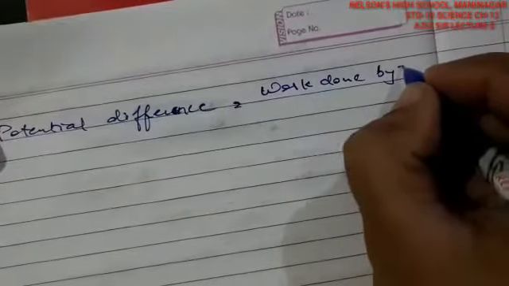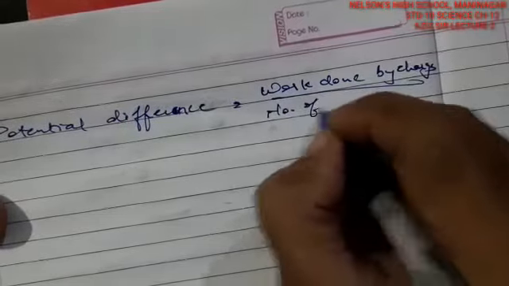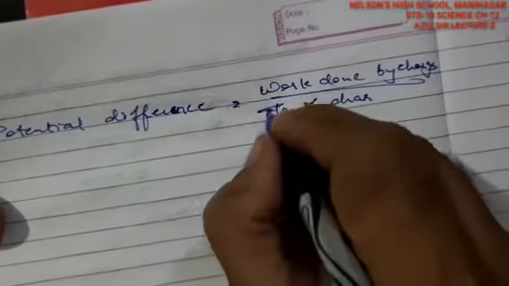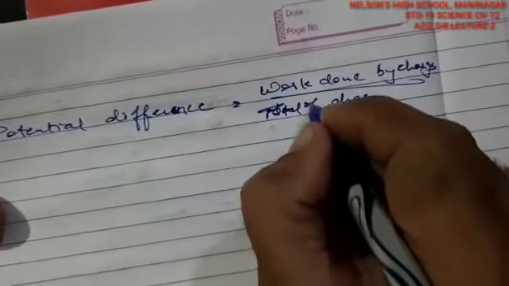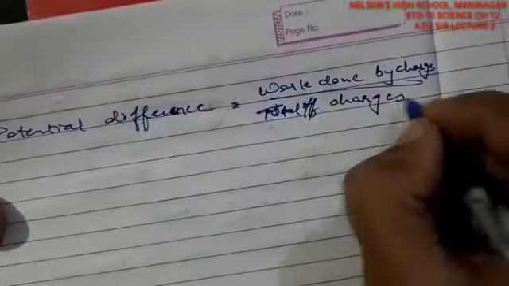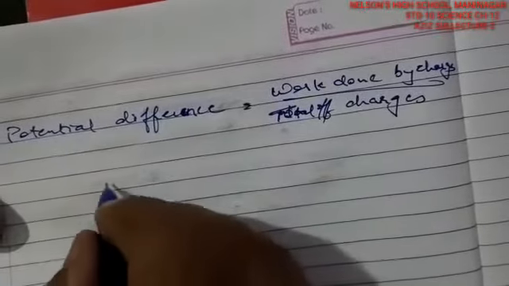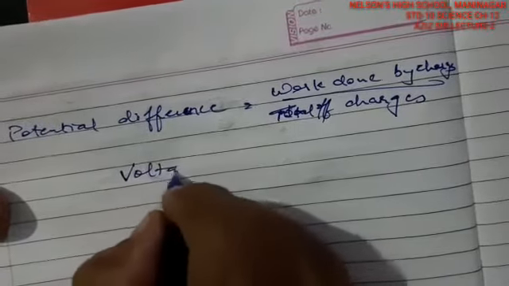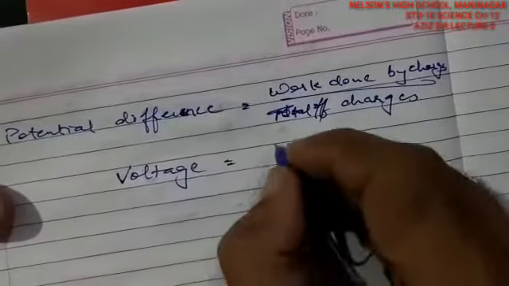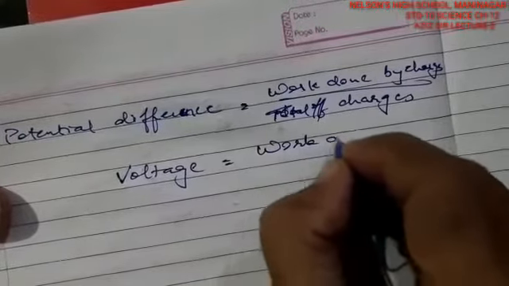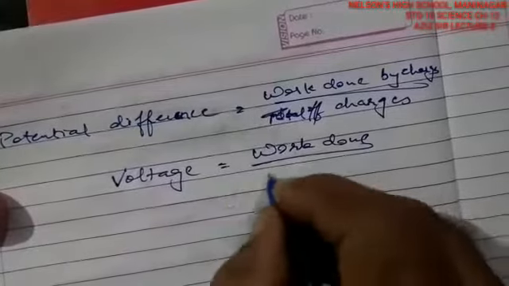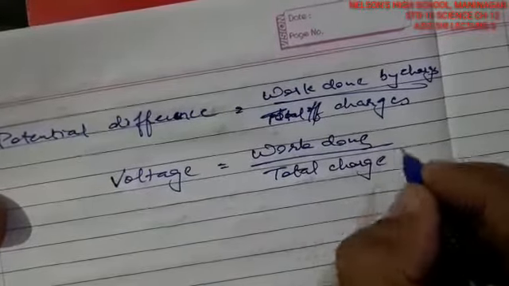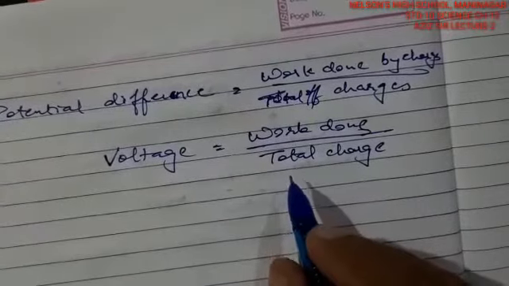Work done by number of charges, that is, you can say total charges divided by total charges. I would write it again. In short, potential difference is called a voltage. So voltage is equal to work done upon total charge. So work done upon total charge, that means how much amount of work done.